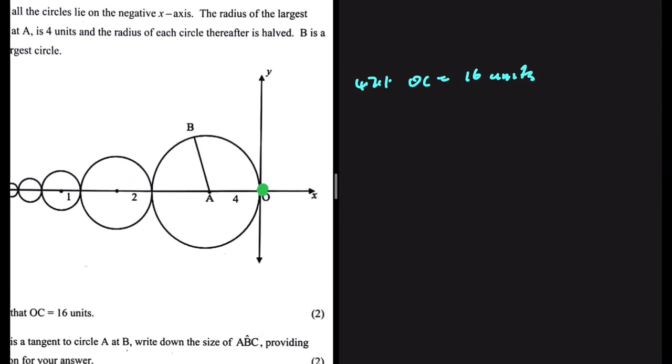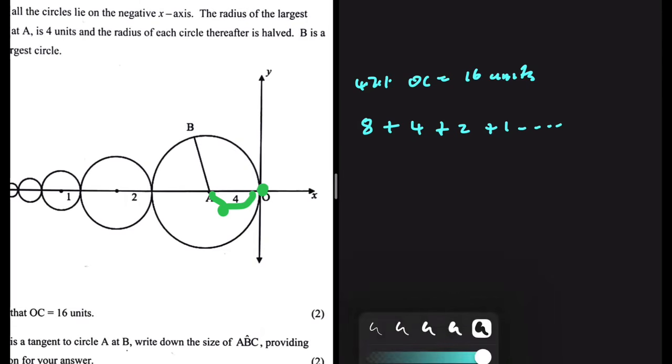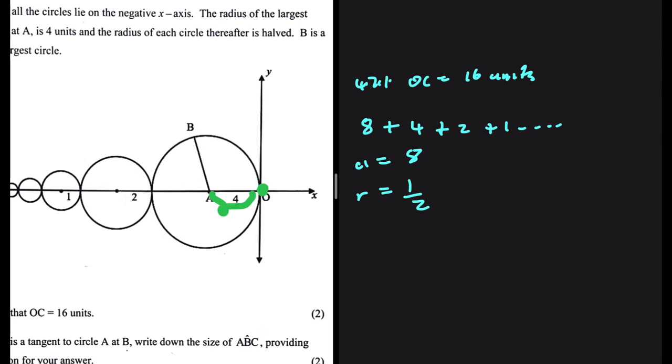The first circle has a radius of 4 and a diameter of 8. And then the next circle will have a radius of 2 and a diameter of 4. And then we're going to have plus 2, plus 1, and so on until we reach infinity. So what I'm realizing here is that our first term is 8 and our ratio is 1 divided by 2, because the radii of our circles are getting halved.